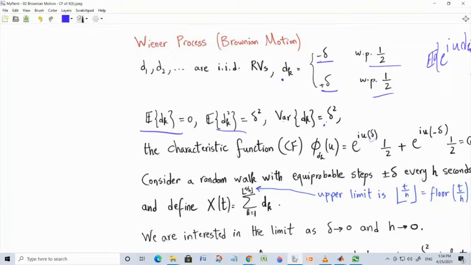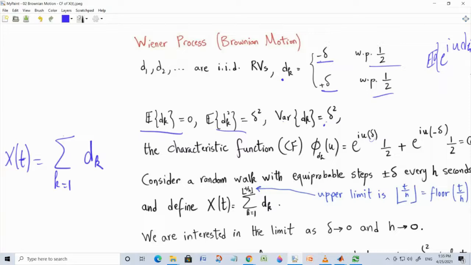The objective here is to construct not a Markov chain. We want to construct something that can take continuous values, as you will see, and we want the index also to be continuous. So x of t is a summation of those steps. We know this d_k from before, but we index it with t. It's not x of n, it's x of t.